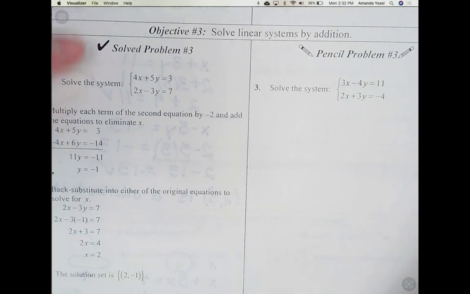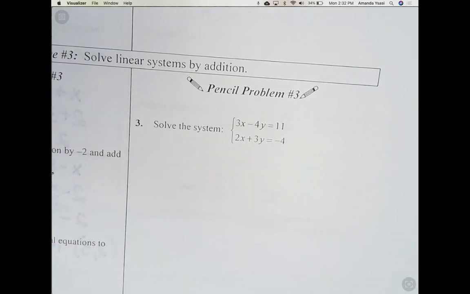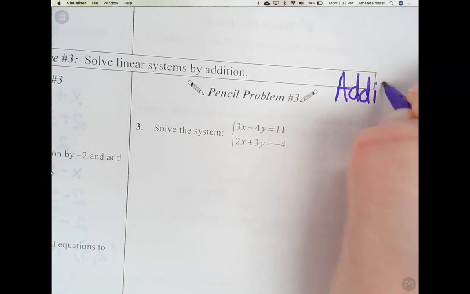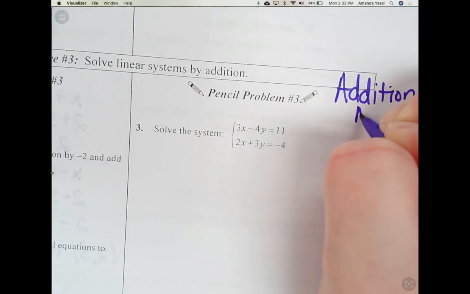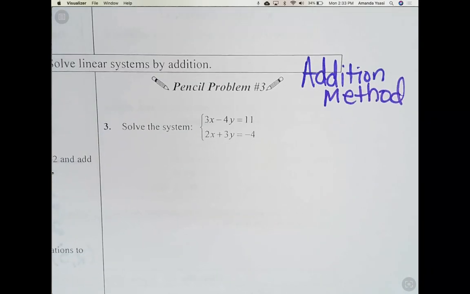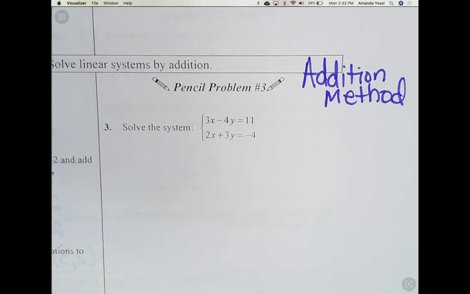Solve the system. So we have both of these equations, and they're both in standard form. So we want to use the addition method. The way we do this is we want to be able to cancel out either the x variable or the y variable.